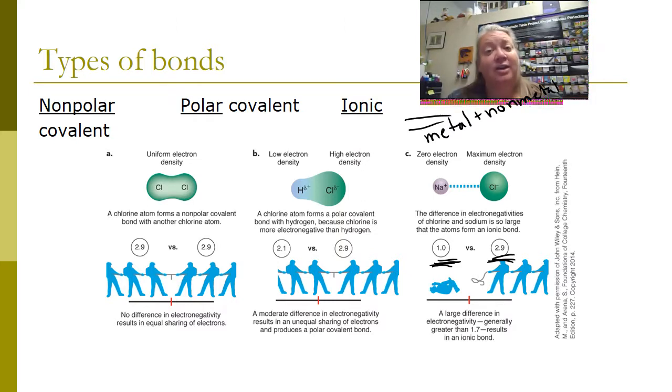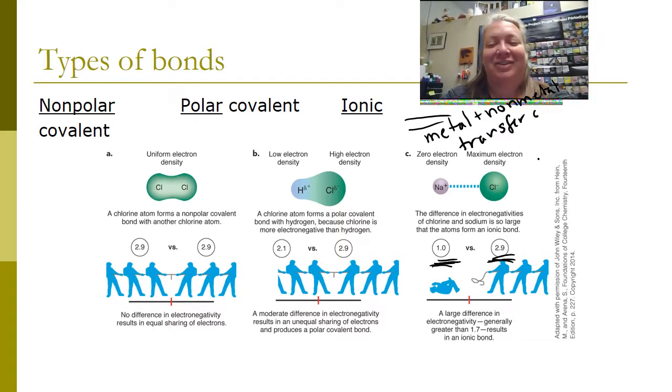Let's see here, other things. Remember with ionic, there is a transfer of electrons. Let's write that down, transfer of electrons. And when you transfer an electron, something loses an electron. So we have something, such as this sodium, that becomes positively charged. Something else has to gain that electron. It becomes negatively charged. And then there's an attraction between them.